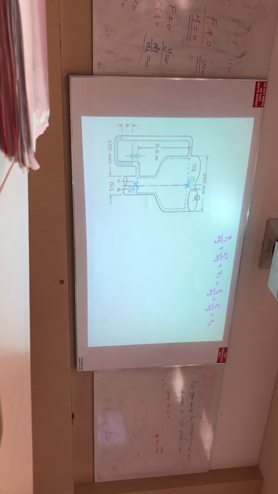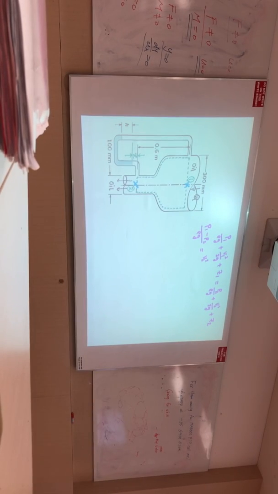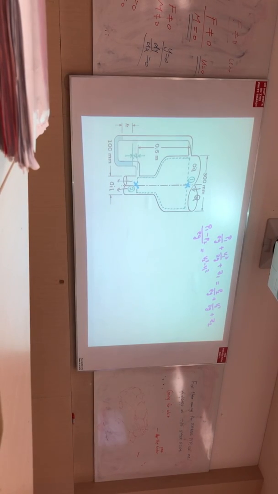Right? So now what can we write? Can I write like this? P1 minus P2 by rho G is equivalent to V2 square minus V1 square by 2G plus Z2 minus Z1.